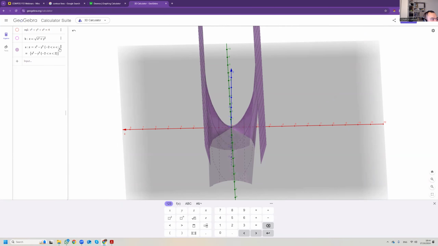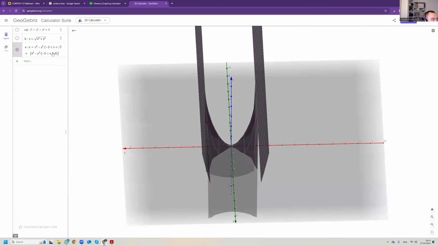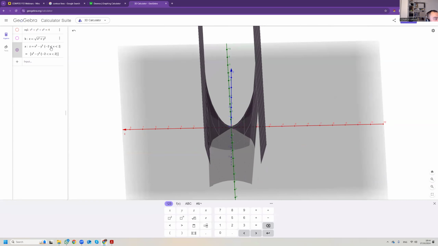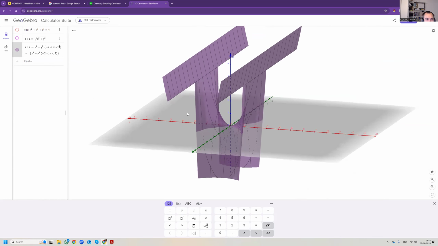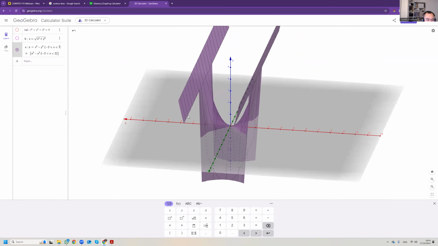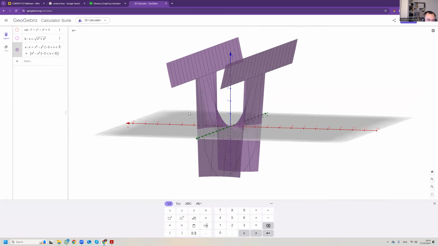And y, can we do that? Y is less than 2. Will that work? No, it doesn't like it. Well, yeah, so it's a saddle, basically.